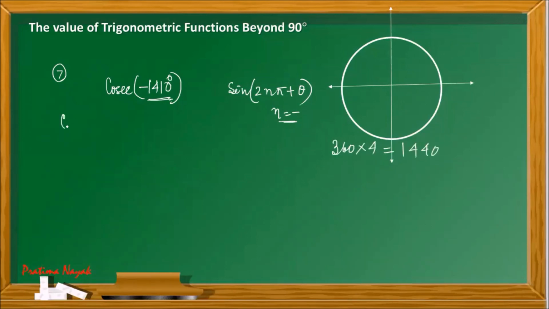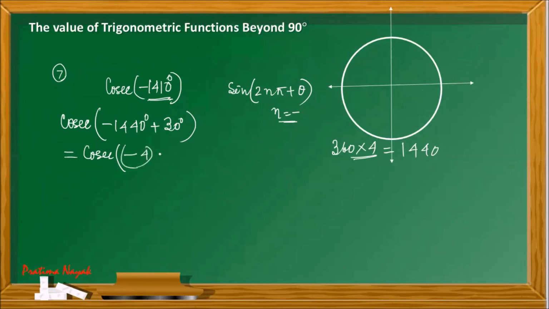So I'll write this as cosec of minus 1440 plus 30 degree. This is the same as cosec of 360 into minus 4, that is minus 4 into 2 pi, plus 30. So the answer is cosec 30. What is cosec 30 degree? Cosec 30 degree is 2.